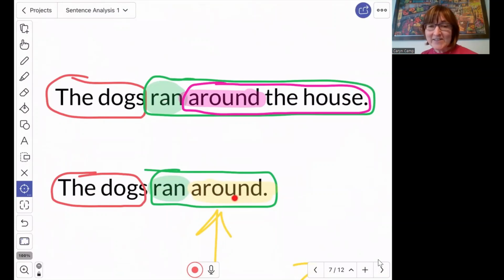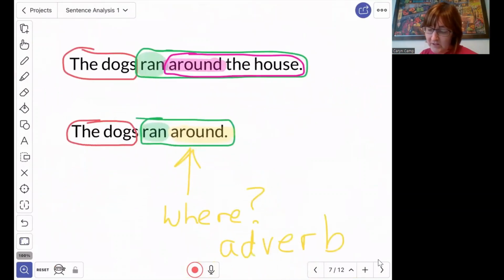In this sentence, around is not acting as a preposition because it's answering the question, where did the dogs run, all by itself with just one word. So there are some prepositions that can act like an adverb if they are all by themselves. So all you have to do if you see a word like around is ask yourself, is there a noun coming after it or not?